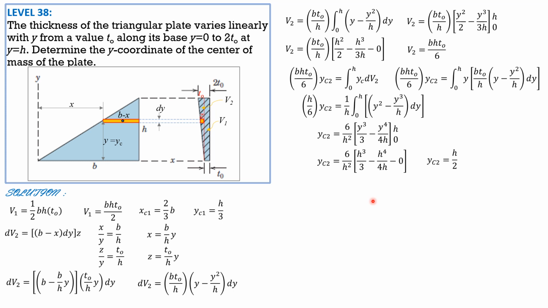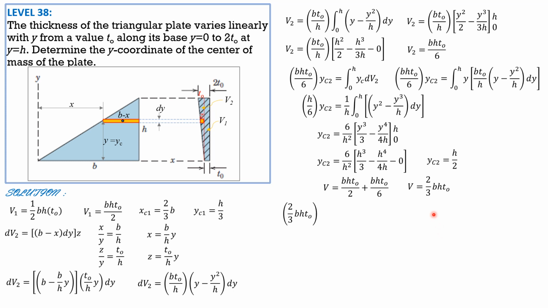And we now apply Varignon's theorem because we have located the centroidal distance, the y coordinate of the centroid of the other plate with varying thickness from 0 at the base to t sub o at the top. So the total volume is b h t sub o over 2 plus b h t sub o over 6. So it is 2/3 b h t sub o.